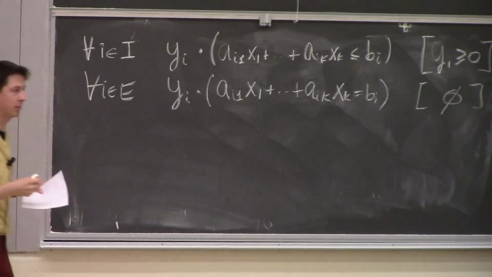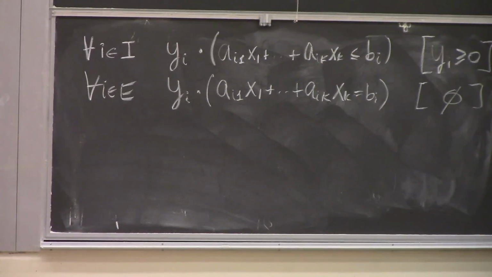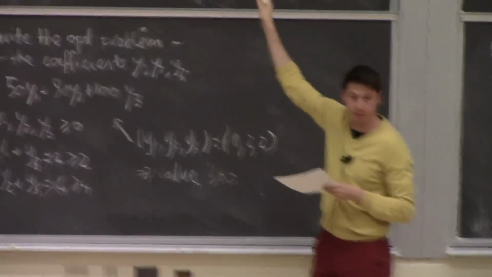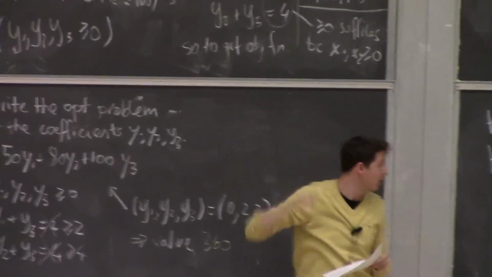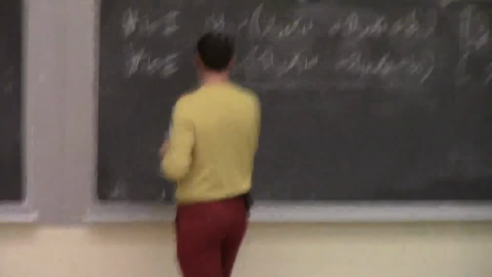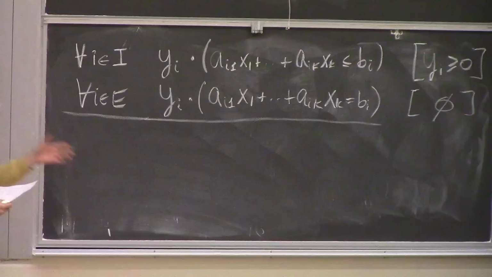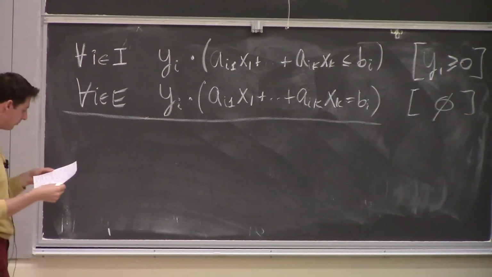It doesn't matter what we multiply with. And then what did we do here? We introduced all these things, we figured out which of the y's need to be non-negative, and then we just add them up and see what happens. So now, let's add up all these things, and we'll get a left-hand side and a right-hand side.